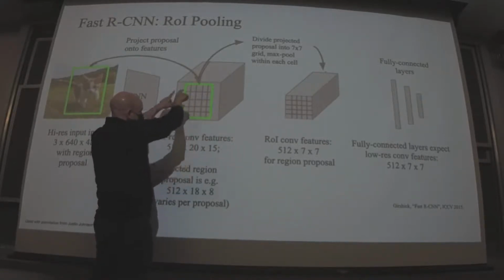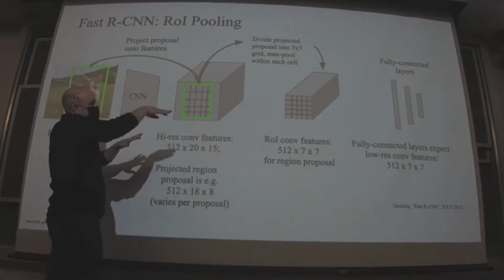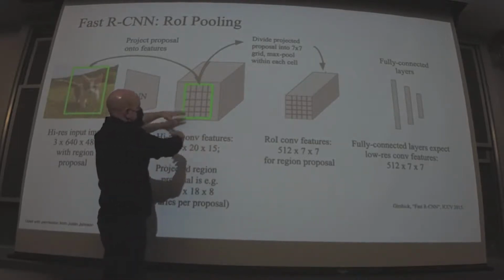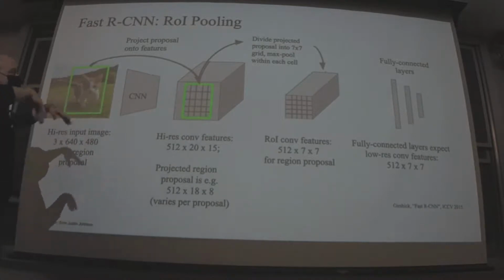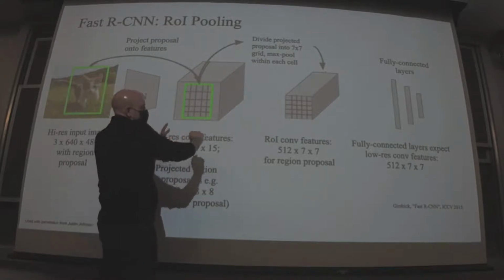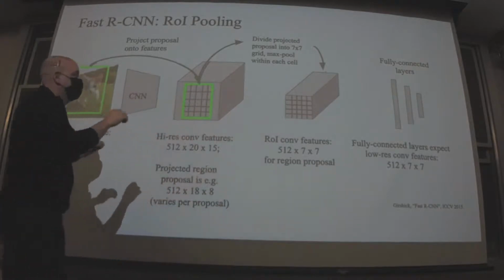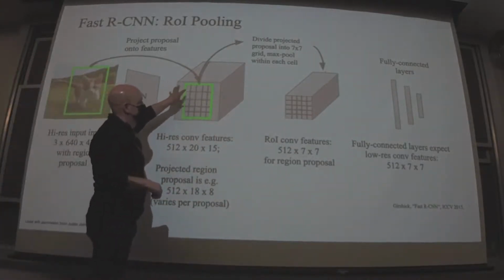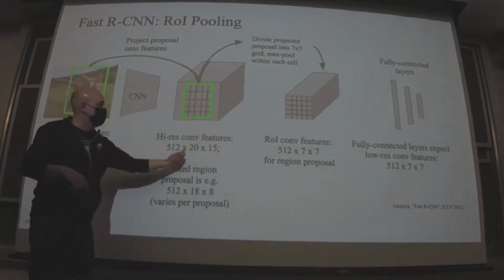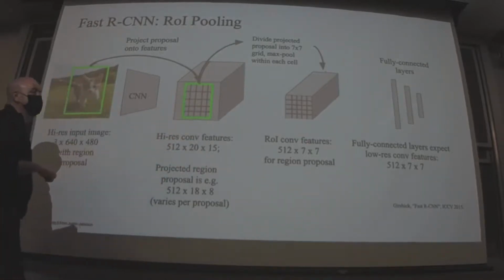Wherever that region is proposed, you're actually going to split it up into a 7x7 grid, and whatever the size is here, so in this case it's 20 by 15, but this could have been something much larger, whatever the sizes are, you're going to split it up into a 7x7 grid and do max pooling. So there's going to be a variable number of pixels that fit into each of these grid points in your 7x7 grid, depending on the original size of the region on that Conv5 layer.